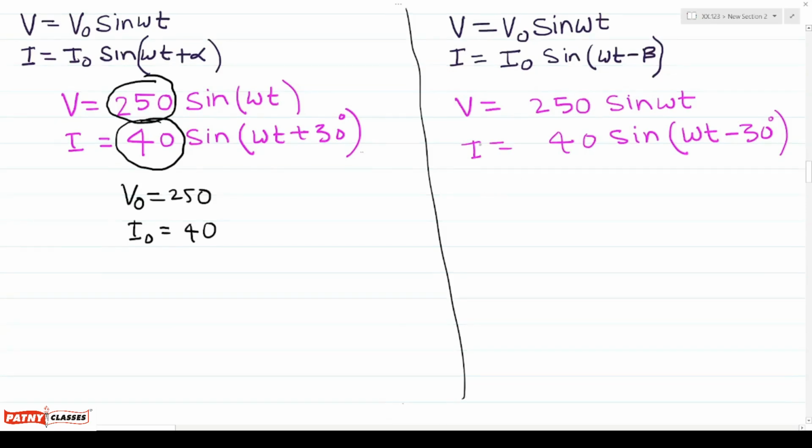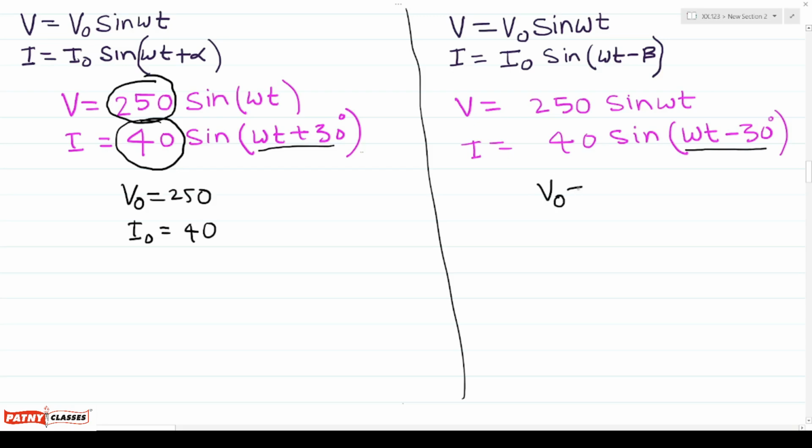In the second case, we have V equals 250 sin omega t and I equals 40 sin(omega t minus 30). In case number 1, we had omega t plus 30. In case number 2, we have omega t minus 30. So here the peak values remain the same.